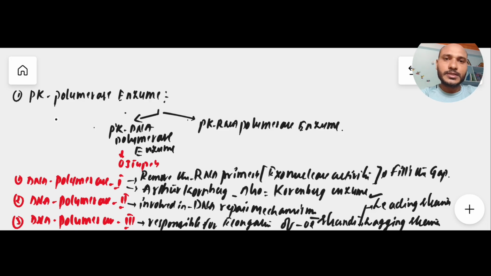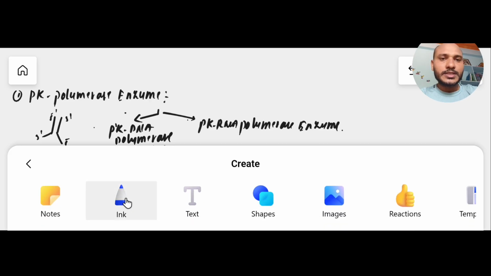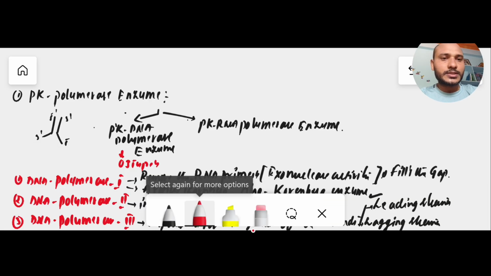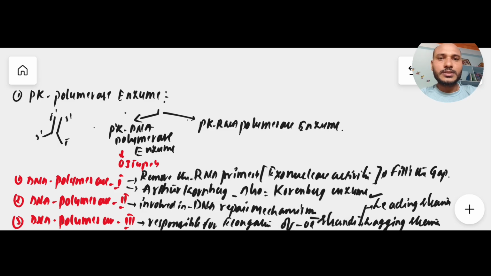For example, if you see here, this is the parent DNA. When this parent DNA undergoes replication, there is a formation of a replication fork. So for example, here 5' to 3', 3' to 5'. And two opposite strands are formed along with these separated parent strands.